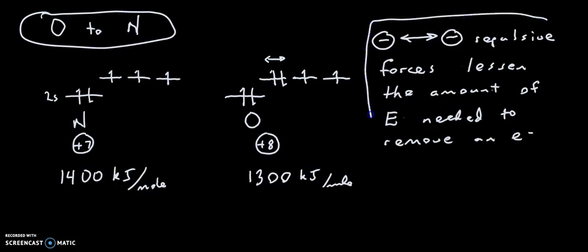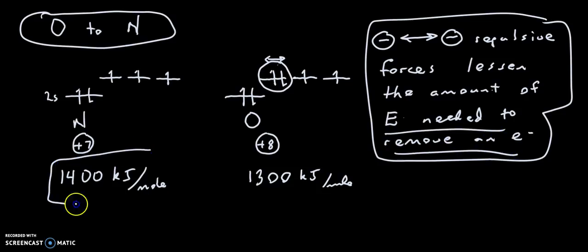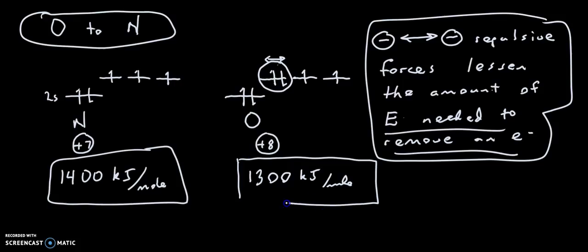These negative to negative repulsive forces between the two electrons located in this single orbital actually lessen the amount of energy required to remove an electron. We see this in the data in that the first ionization energy for nitrogen is 1400 kilojoules per mole, and there's a slight decrease as we go to 1300 kilojoules per mole to remove an outermost electron from an oxygen atom.